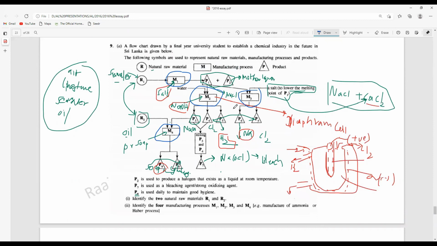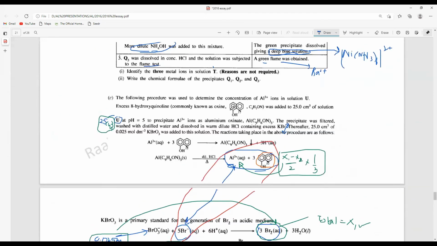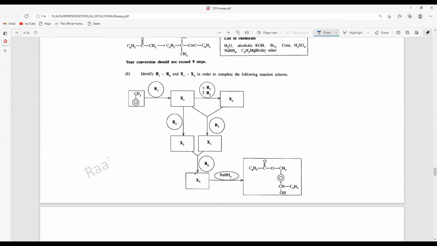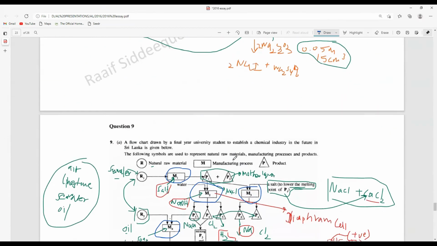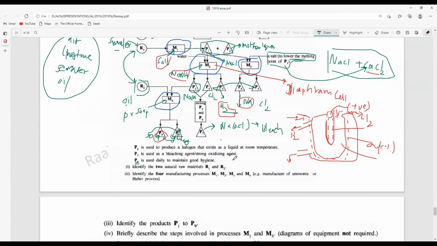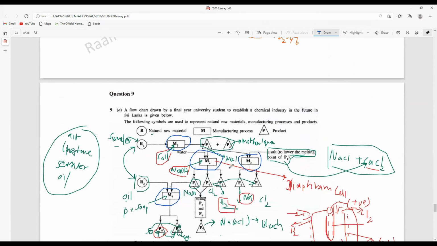And this is the first time the trend was changed. I explained that in the previous class also. This was one of the questions where the trend changed, and the other one was with organic chemistry, the conversion. These two are very common in the old syllabus, from before 2011, from 2010 to 2002. This is common, right?